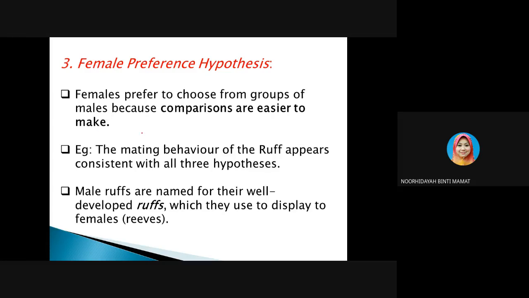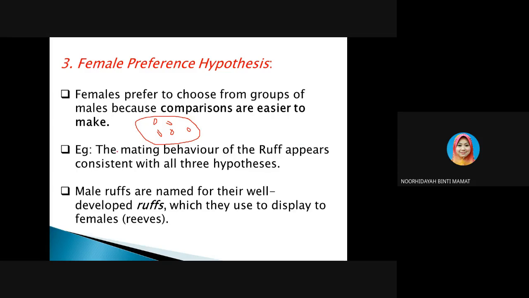So there is a group of males in one location, which we call the lek, the lekking situation. It is easier for the females to make a comparison, to decide which male she should choose.